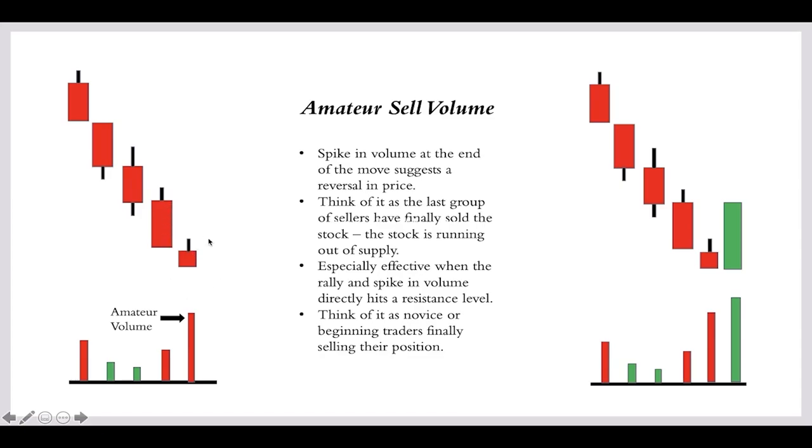And as soon as they're exiting the position, they're selling their shares to the professionals who are buying it down here. Okay, hopefully that makes sense, and that's why we get that sharp reversal higher.